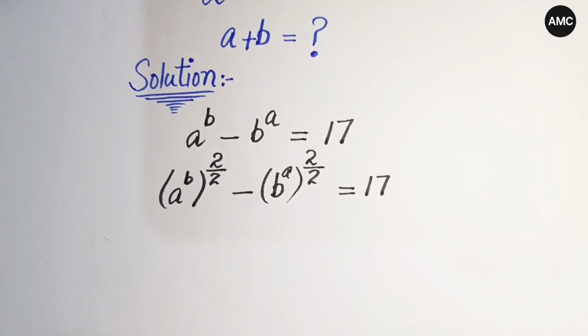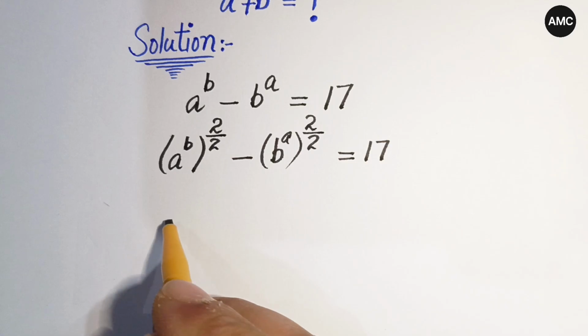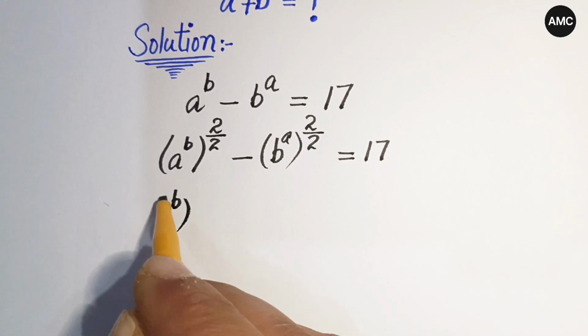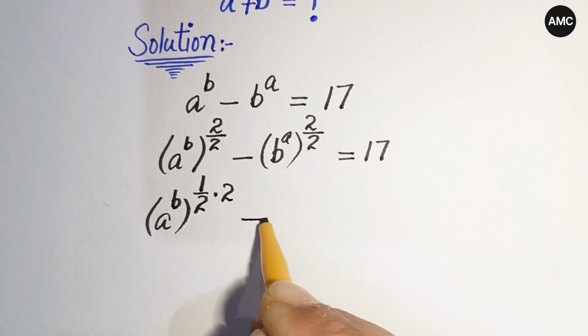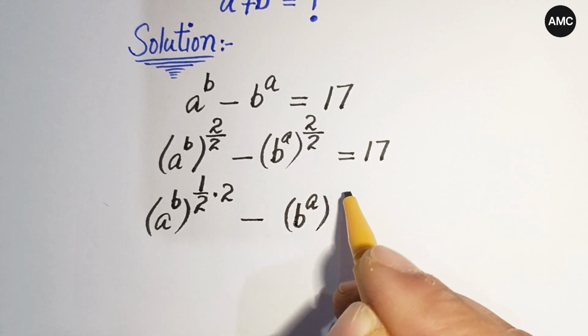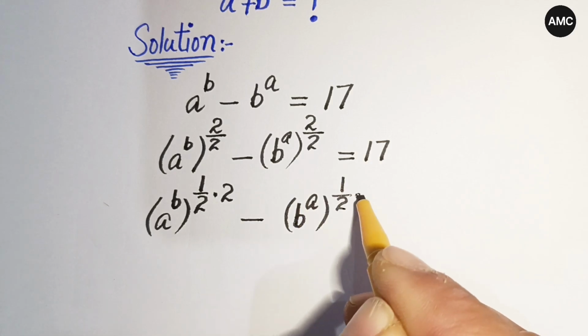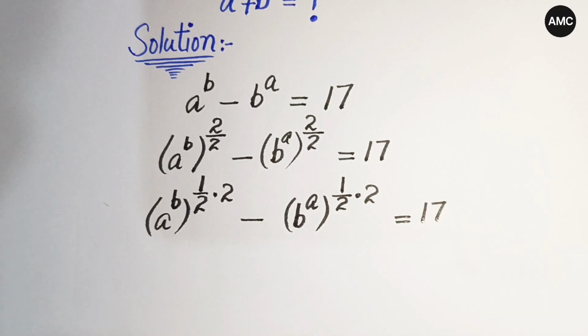This 2 over 2 can also be written as a to the power b whole to the power 1 over 2 times 2. Similarly, b to the power a whole to the power 1 over 2 times 2 is equal to 17.